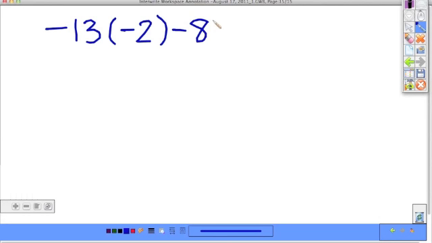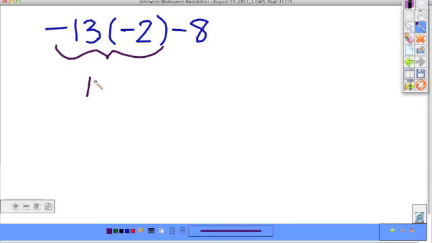Order of operations is going to have us do the multiplication first. How do I know we're multiplying here and not subtracting? Because there's no mathematical symbol between the 3 and the parenthesis. Whenever a number is right up against a parenthesis, that always means to multiply. So we're going to multiply this section first and leave the negative 8 alone for a minute.